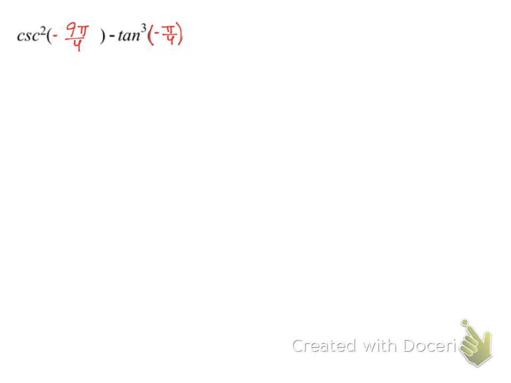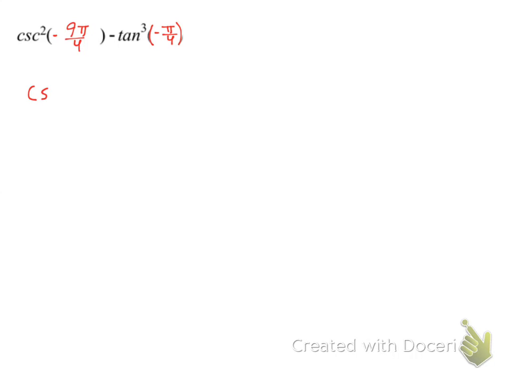Now, there's a couple things wrong with the first one. Number one, it's negative 9 pi over 4, so it's a negative, and it's larger than 2 pi. So we should find coterminal angles, and it's cosecant, so it's actually the reciprocal of which one? Sine. So let's fix coterminal angles first.